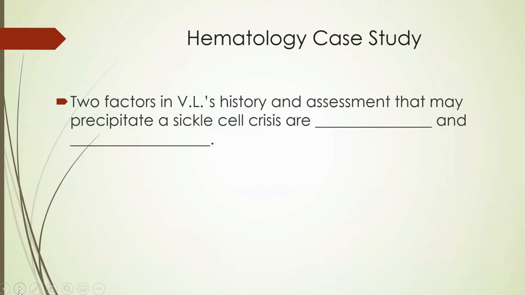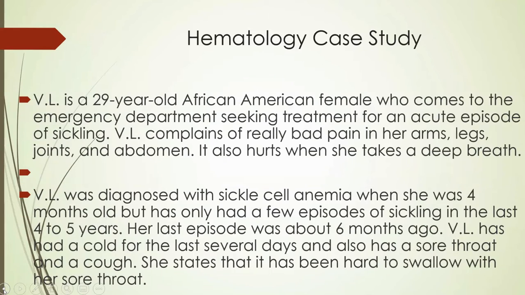So, two factors in her history and assessment that could precipitate or cause the sickle cell crisis are, let's back up here. Anything from this first scenario part here, if you think maybe you have an idea what could have triggered her crisis?